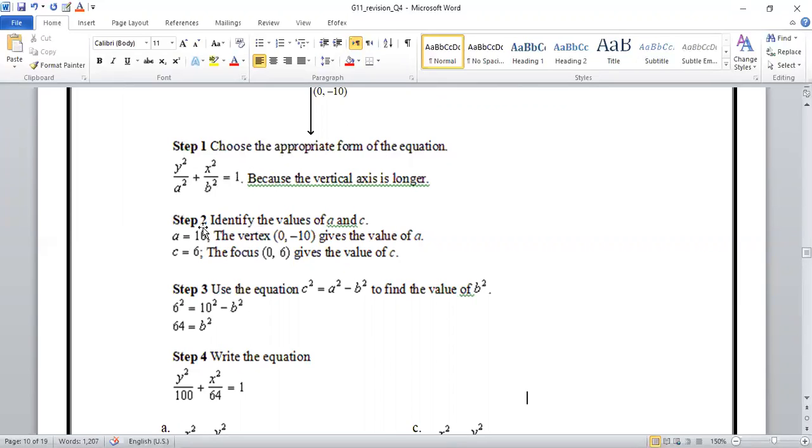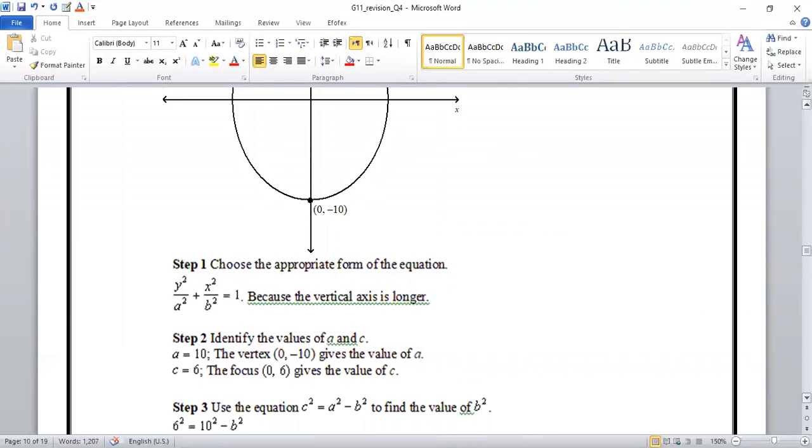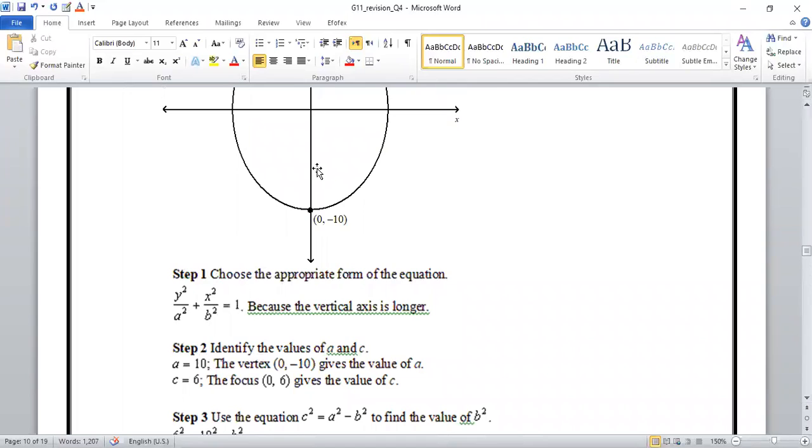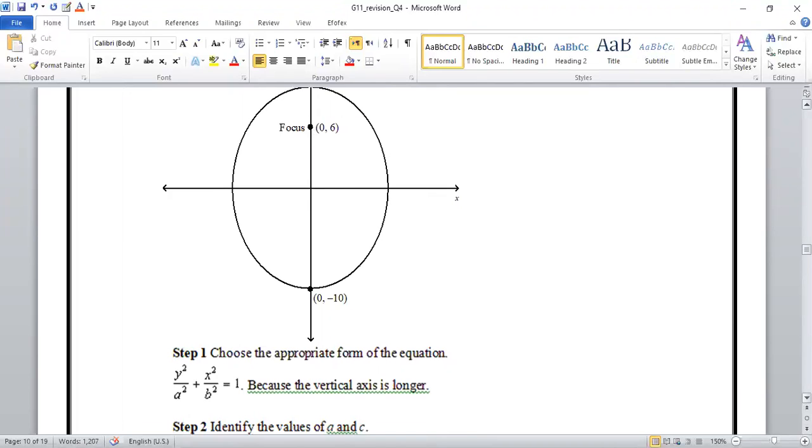Step number 2, we can get the value of a. A is the distance from the center to the vertex. This distance equals 10, so a = 10. C is the distance from the center to the focus, which equals 6.